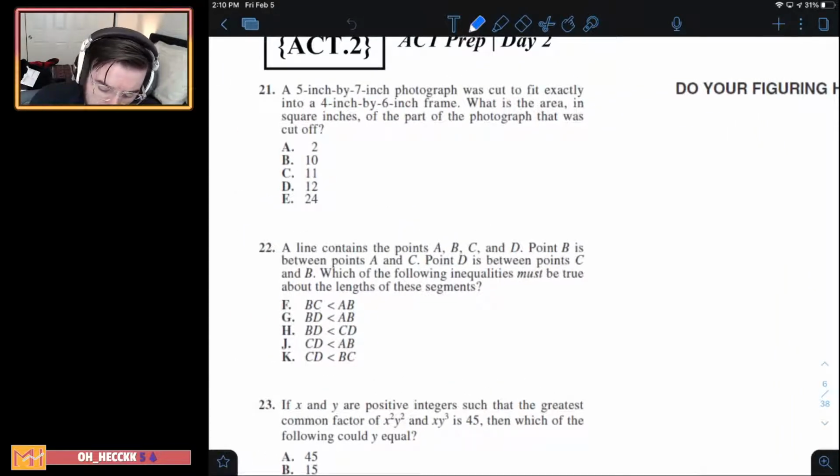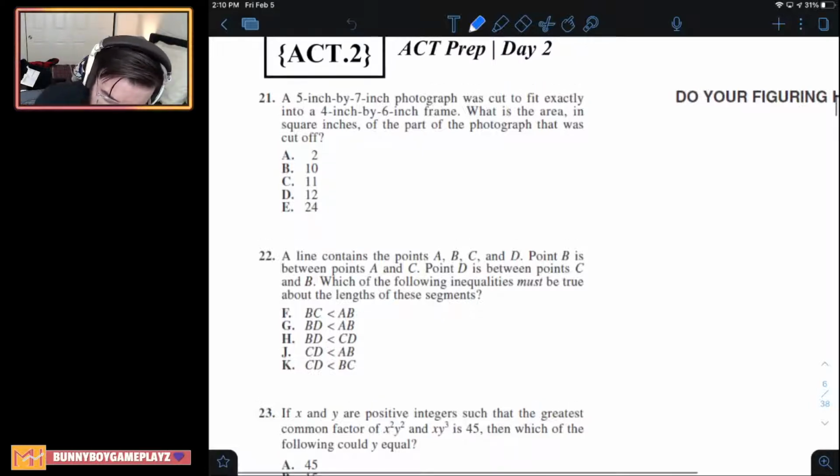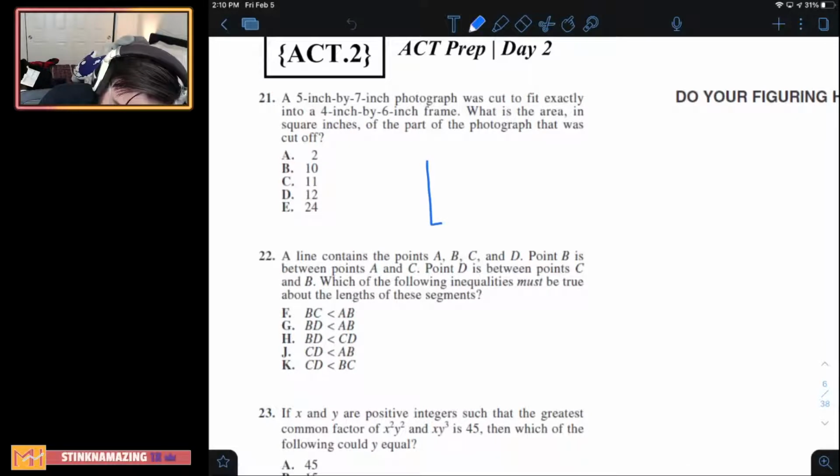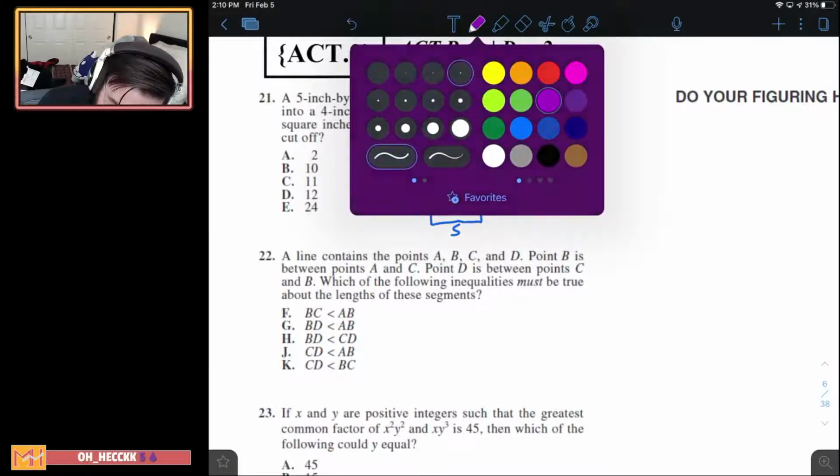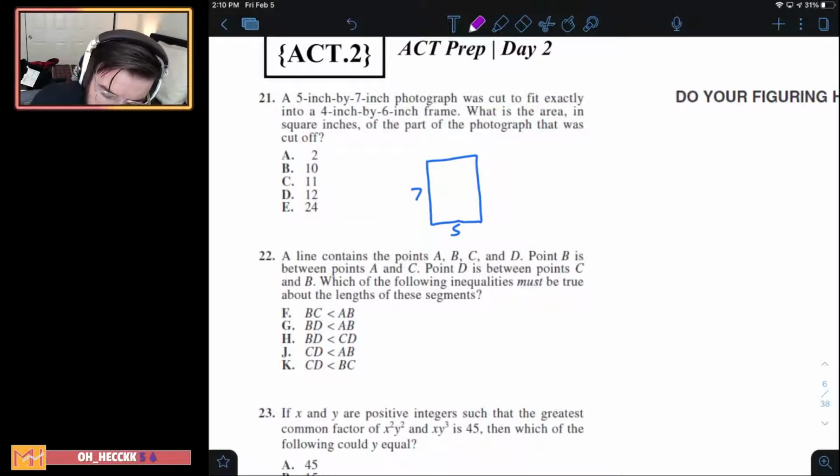A 5 by 7-inch photograph was cut to fit exactly into a 4-inch by 6-inch frame. What is the area cut off?